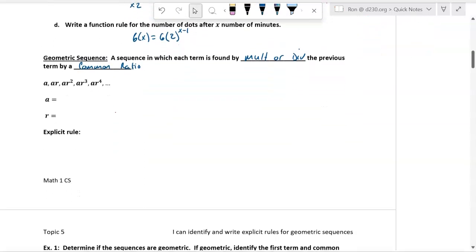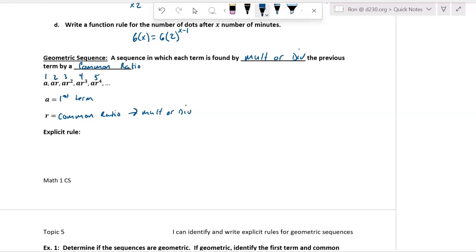And if you look at the pattern down below here, here's your first term, your second term, your third term, fourth, and fifth, where A is always your first term. R is always going to be your common ratio. That's basically what you are multiplying by each time, or dividing, sorry.